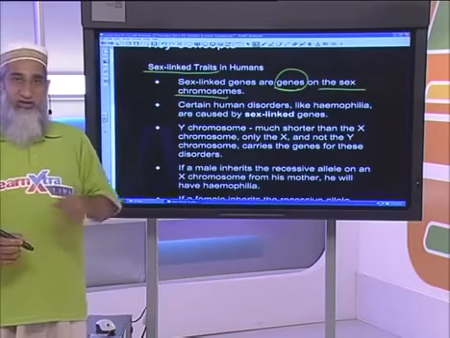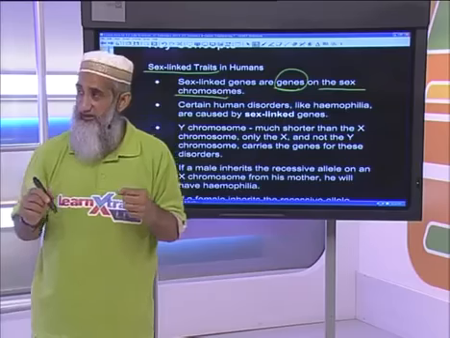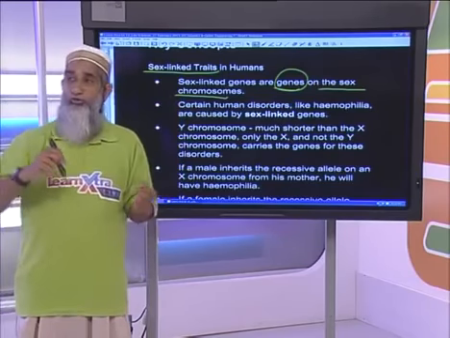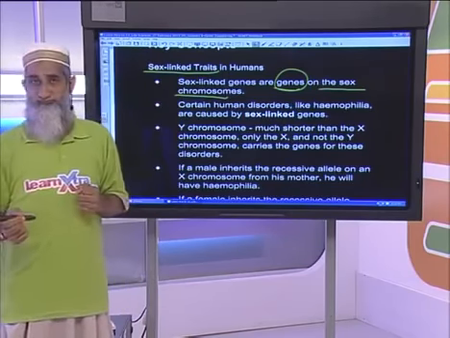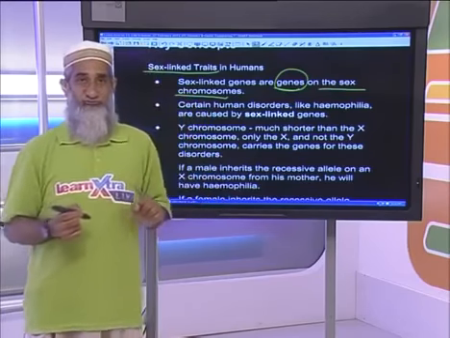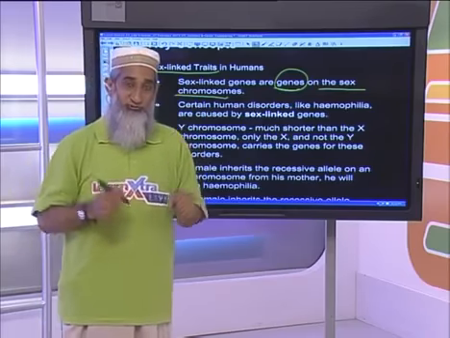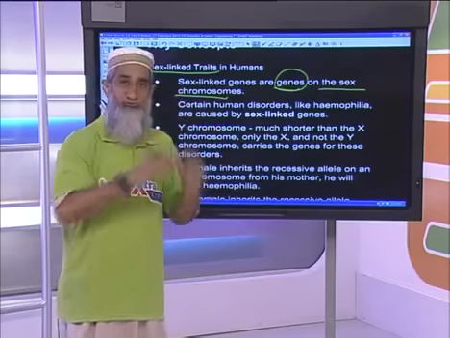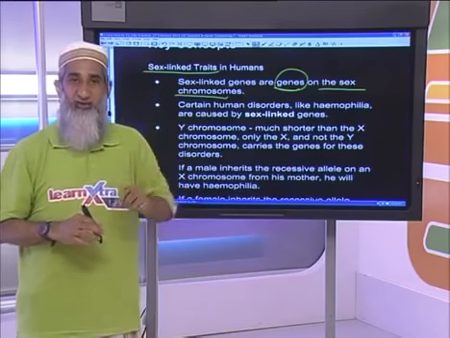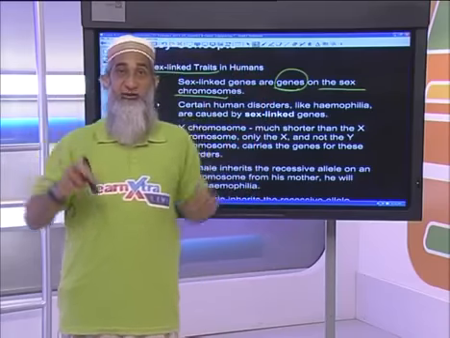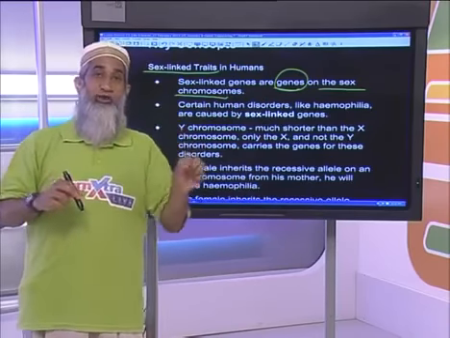That means a gene that codes for a particular characteristic, which is found on the X or the Y chromosome. Remember, we have 23 pairs of chromosomes. 22 of those are autosomes. That means they are normal body chromosomes. And the last pair, pair number 23, are known in scientific terms as gonosomes or gonadosomes.